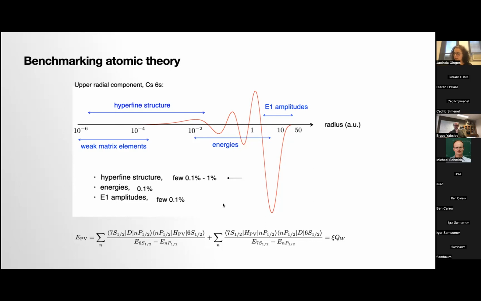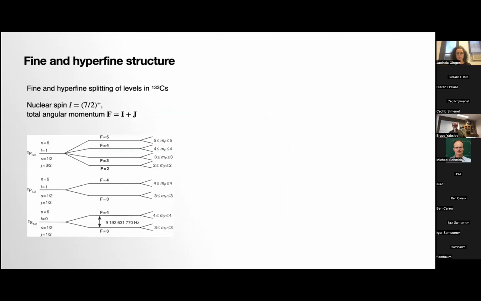Why can't we really be modeling our atomic wave functions so accurately in that region? And the answer came back that it was a little bit surprising, and it wasn't necessarily about the atomic modeling, the electronic modeling, but more about the nuclear structure that we didn't really fully understand. So that's what I'm going to be describing to you now.